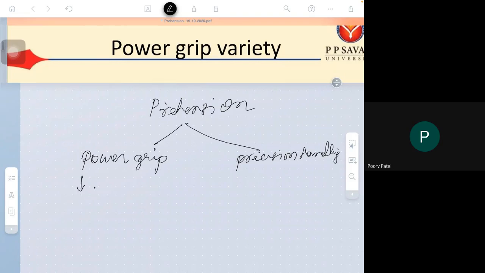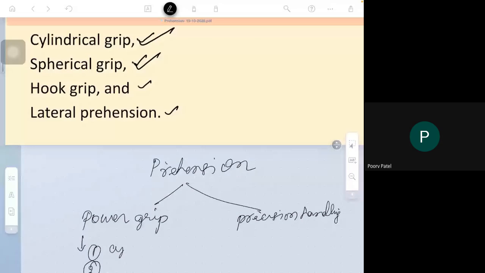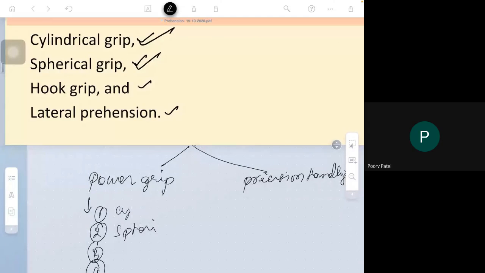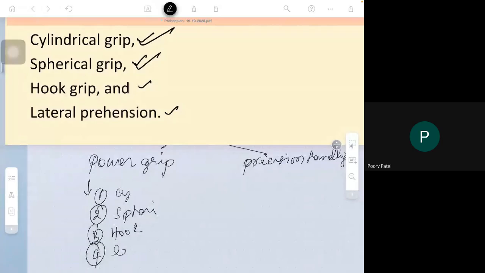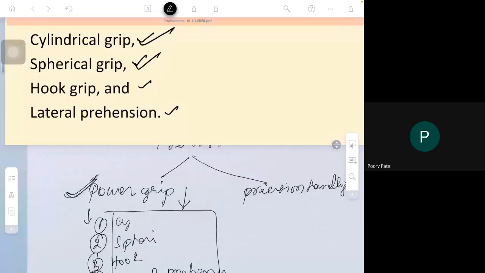In power grip, there are four types of power grip: cylindrical, spherical, hook, and lateral prehension. There are four types of power grips. Now we are studying power grip. What are the four types of power grip? First is cylindrical grip. So what is cylindrical grip?